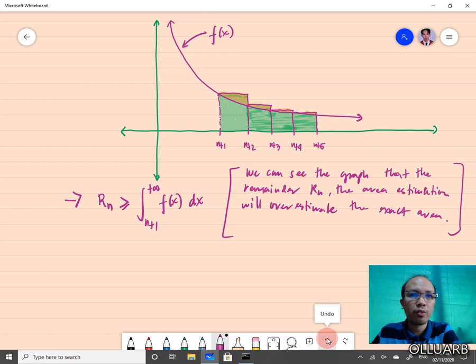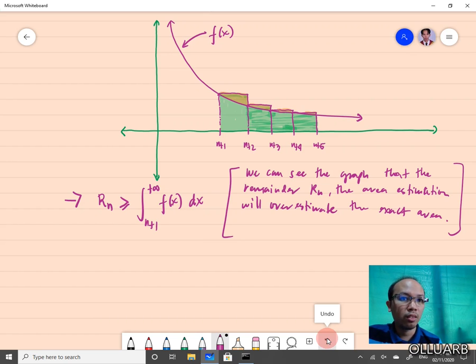We can see the graph above, that the remainder r sub n, this one below the graph, the area estimation will overestimate the area. So that's why we have this inequality.